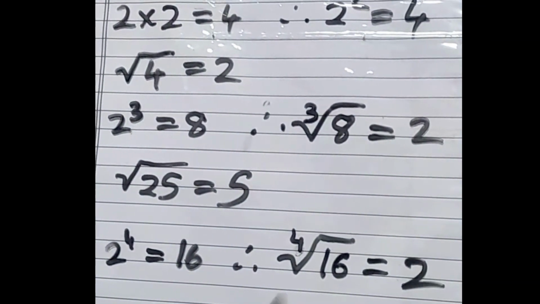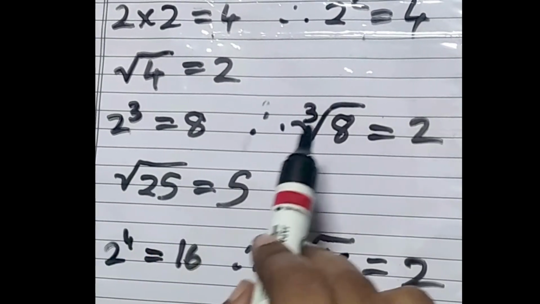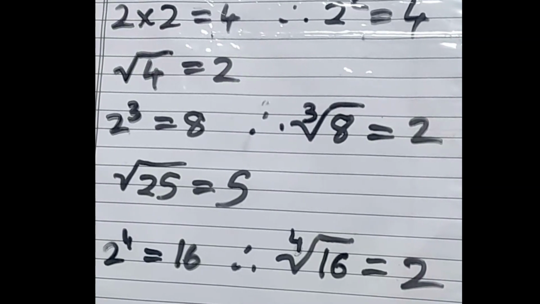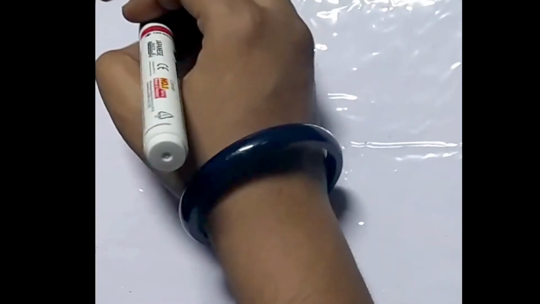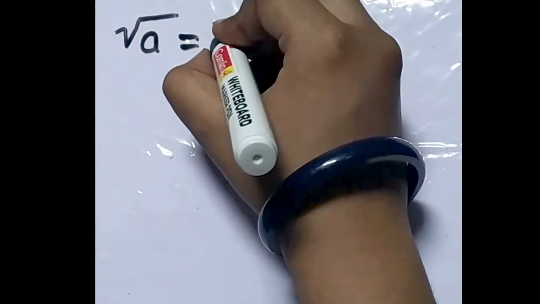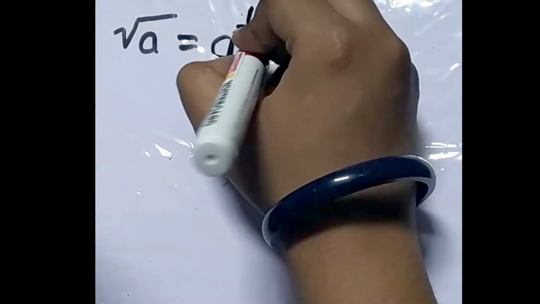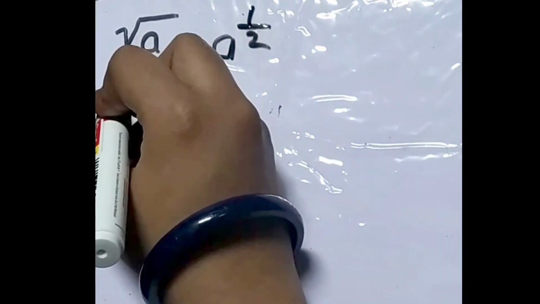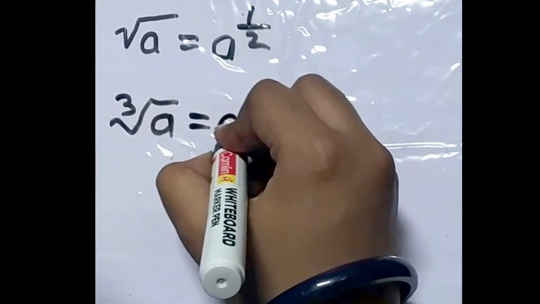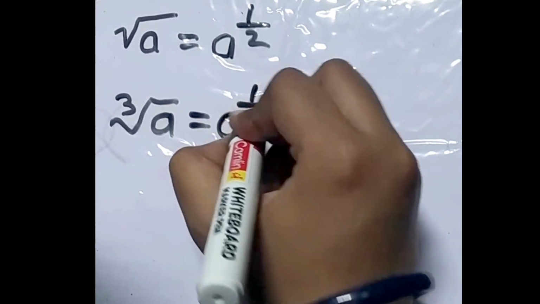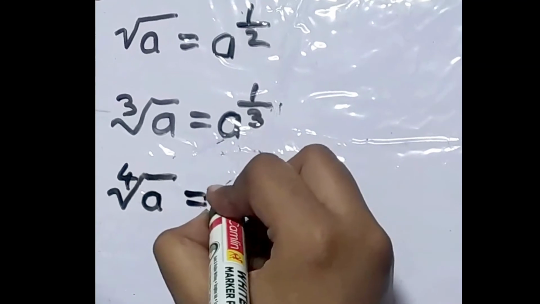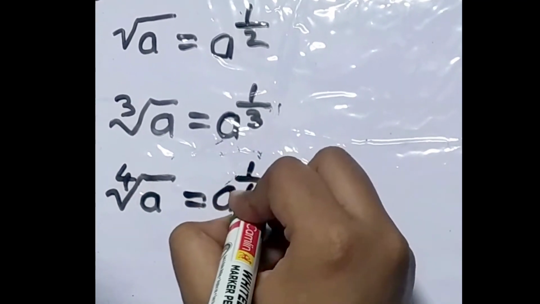Now we will see how to show square root, cube root and 4th root by using indices. The square root of a is shown in index form as a raised to 1 upon 2. The cube root of a is shown as a raised to 1 upon 3. The 4th root of a is a raised to 1 upon 4.